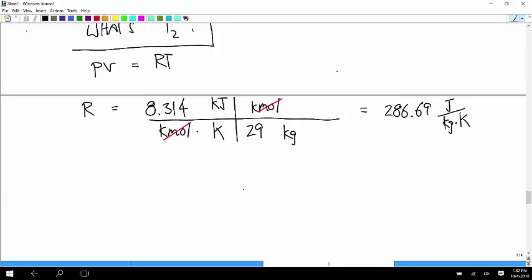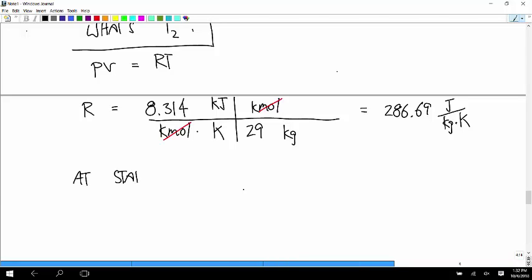So we know that the temperature at state 2 is going to be PV over R, but we can't calculate that yet until we know what the specific volume is. So we can use that first state to calculate the specific volume.